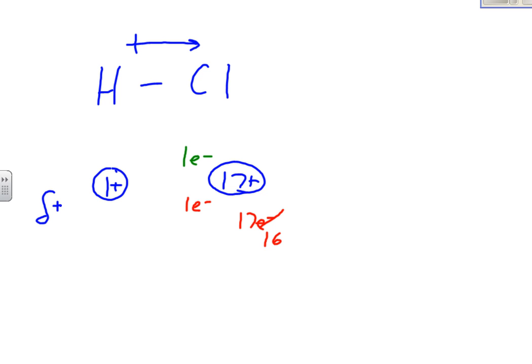So that's going to make this side partially negative. Right? Not quite as much. I mean, obviously, if this was ionic, we would move the electrons completely over there, and then this would have a full negative charge, and the hydrogen would have a full positive charge. Okay? That gives us a little perspective there.